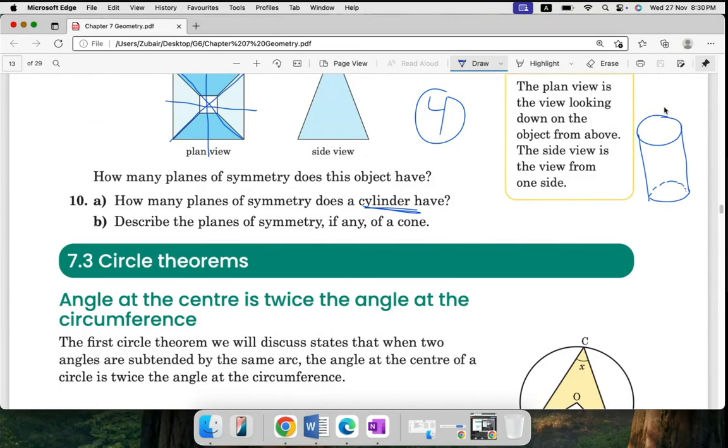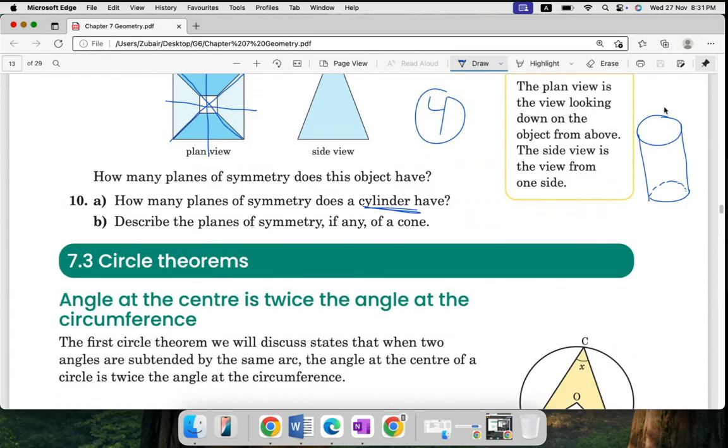And I think it has an infinite number. Infinite, yeah.